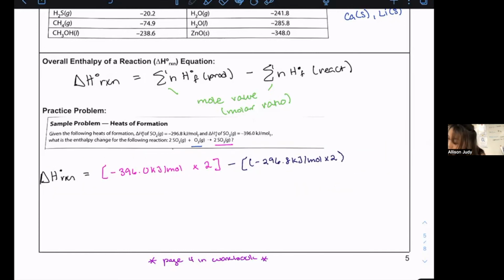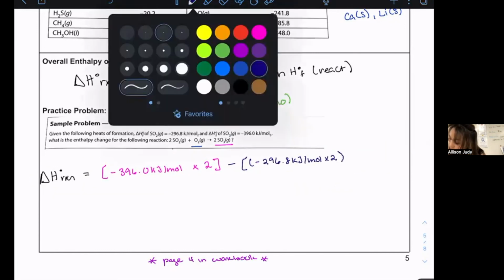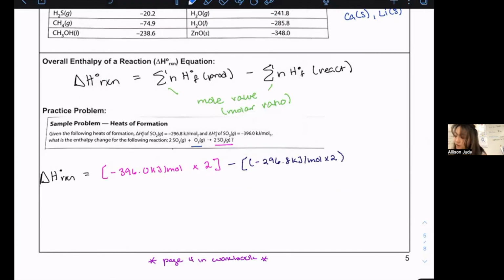I also notice that I have 1 mole of oxygen. Remember, it's the sum of the reactants, so I have another reactant compound and I need to add that to my overall enthalpy of reactant portion. I have 1 mole of O2, but the enthalpy of formation for a pure element such as O2 is 0. So that's what I plug in.